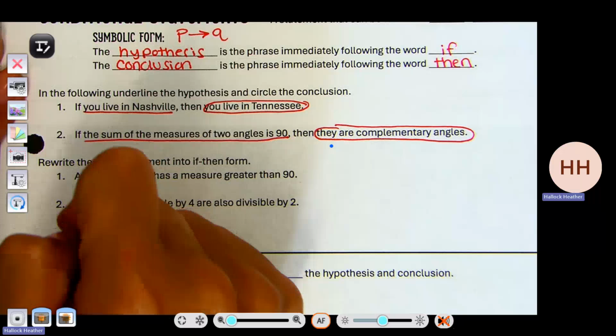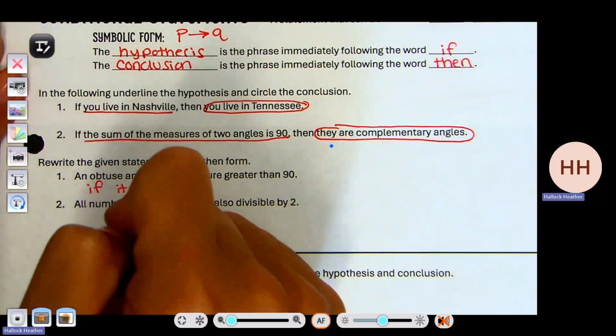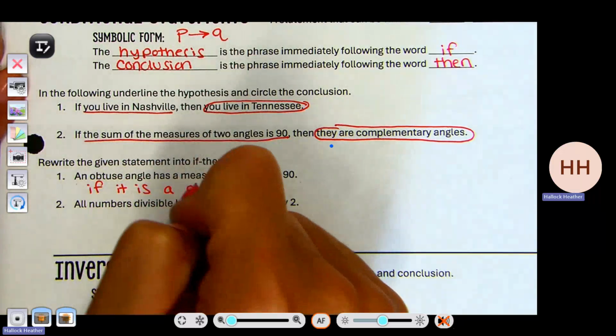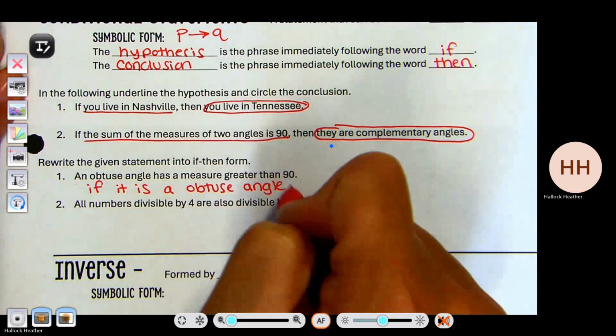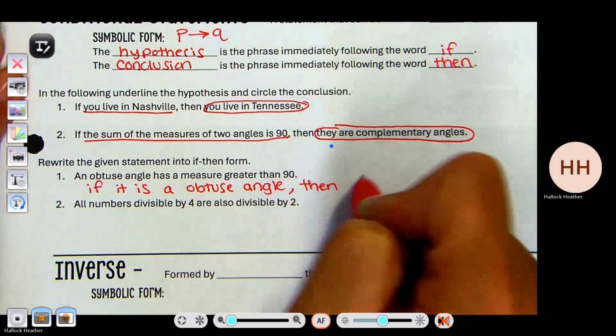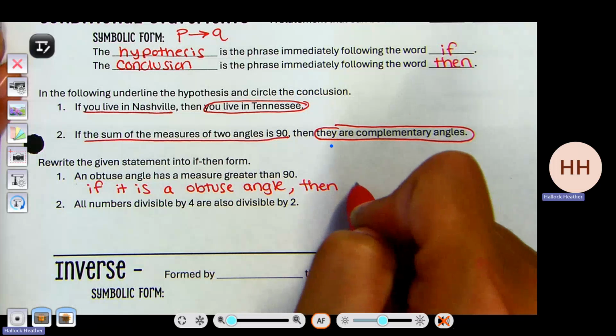So, obviously when you're writing sentences, it doesn't have to be exactly verbatim as somebody is saying, but if it is an obtuse angle, then it has a measure greater than 90.